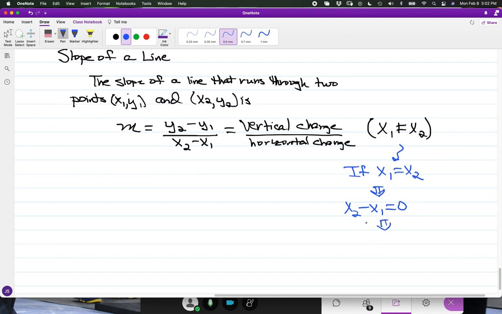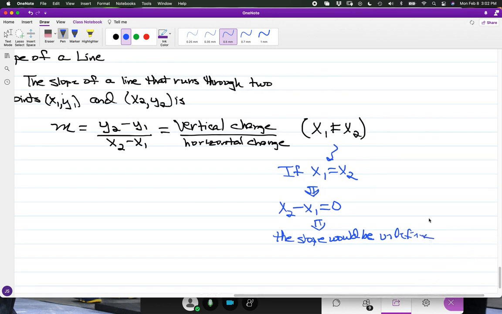And if that were the case, you have the fraction consisting of a 0 bottom number. So the slope would be undefined.